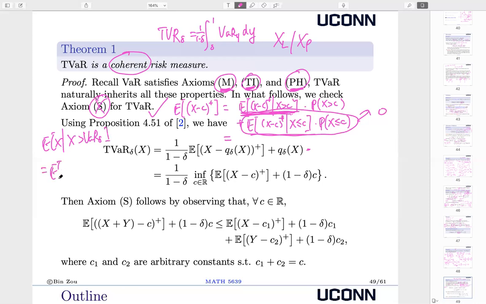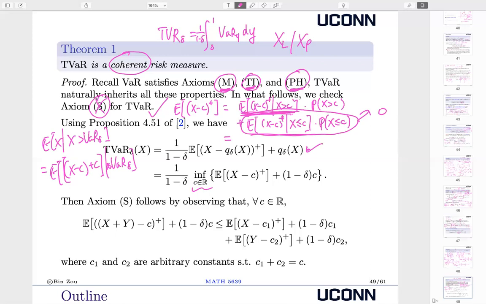Well, you can break this X as X minus c plus c, given X greater than VaR. And then, of course, you can pick c to be VaR. Then this is exactly what you have done here.